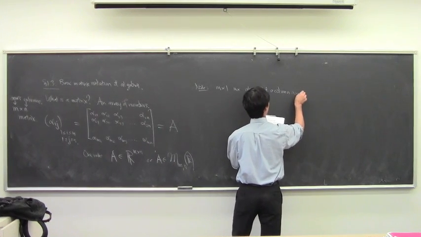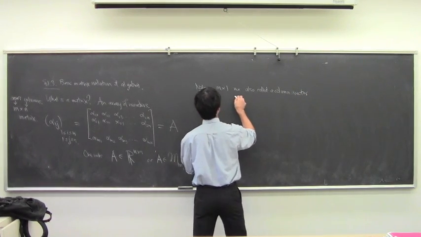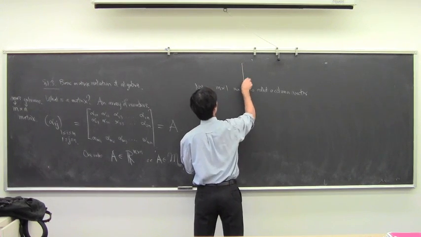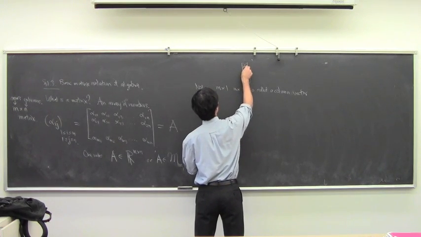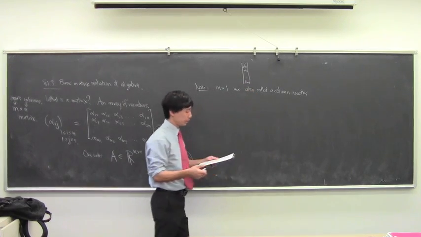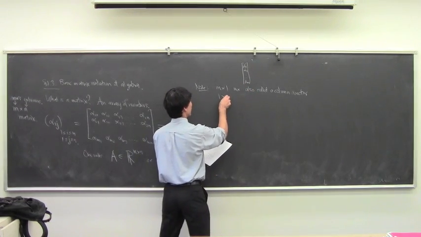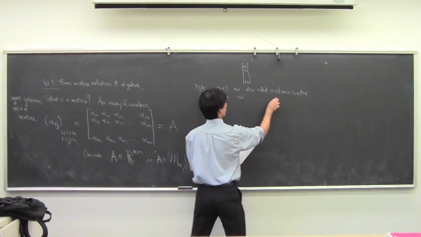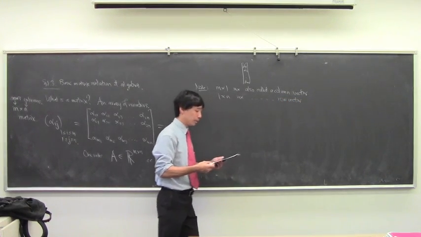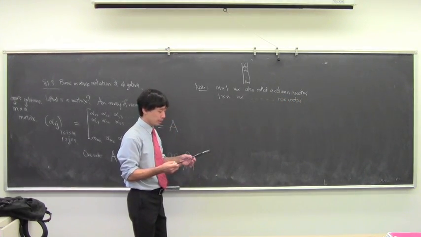We sort of mix up the notions of vector and matrix. It will be something like A11, A21, down to Am1. It'll be a vector. If it's a 1 by n matrix, it's also called a row vector. We'll allow ourselves to mix those things.